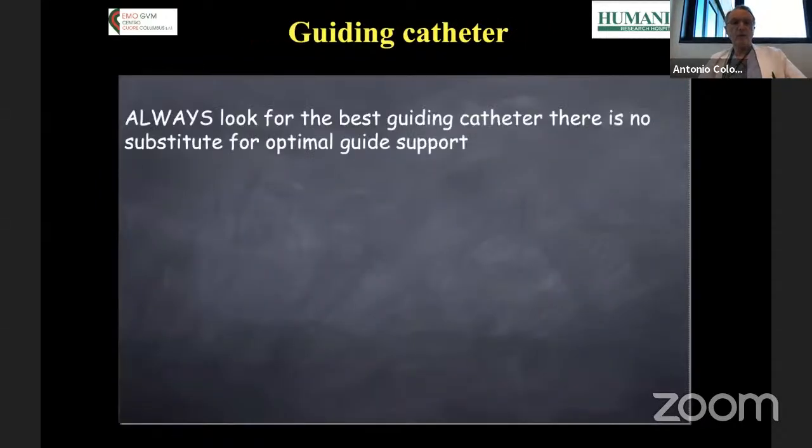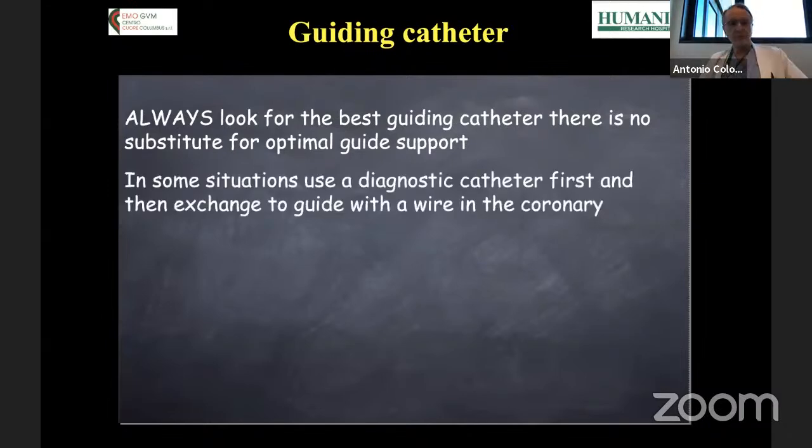Guiding catheter. Always look for the best guiding catheter. There is no substitute for optimal support. And do this at the beginning of the procedure, not after you spent half an hour to deliver a stent and then you realize that you don't have support.